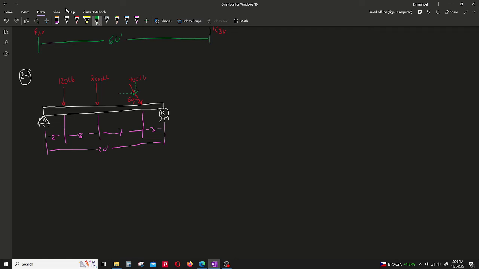One thing I will say is that in this case we do have a force in the x direction here. This is a force in the y direction.